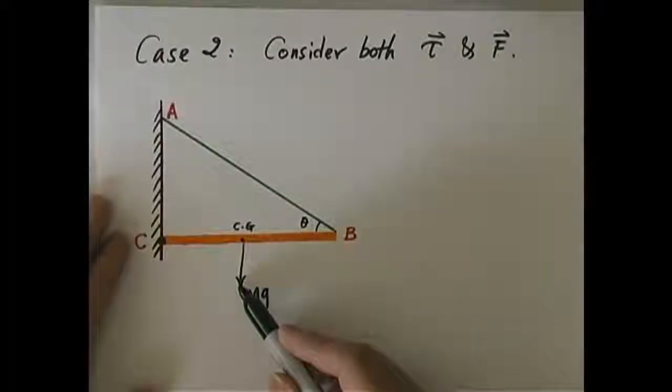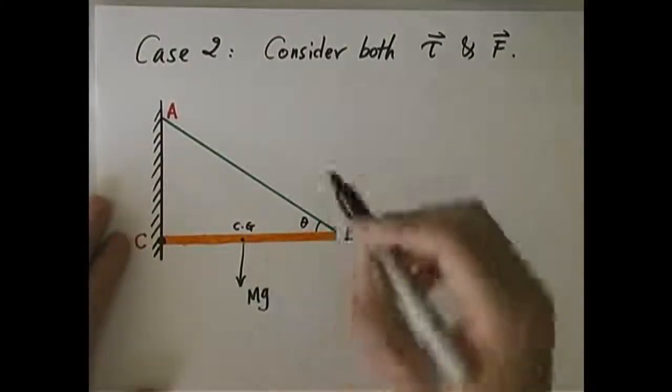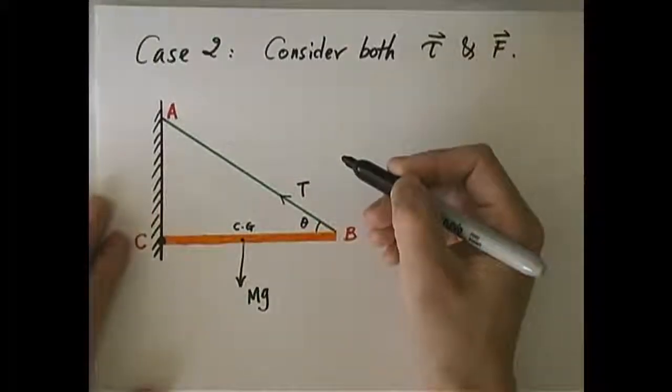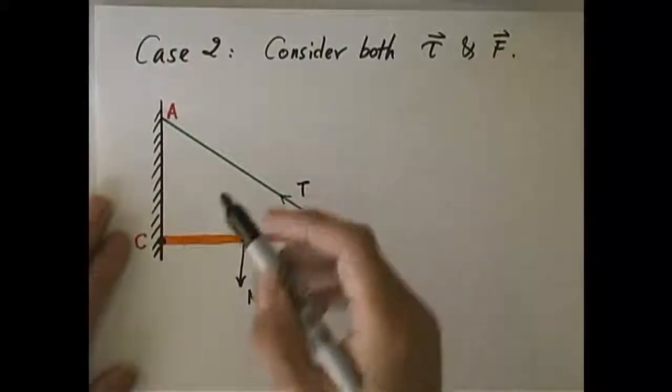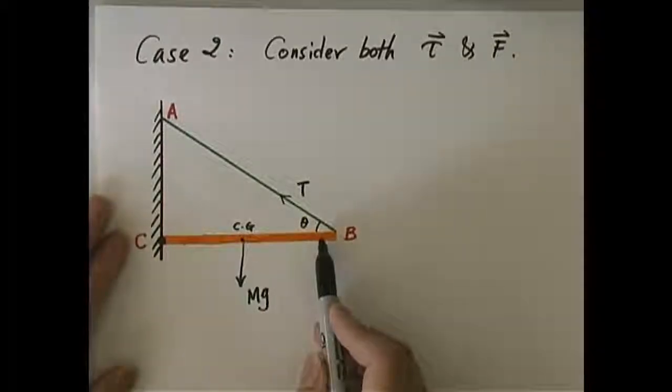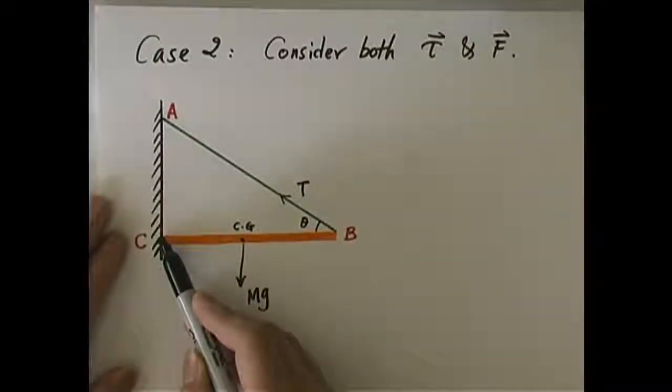If that is the case, I have a couple of questions. I want to know what is the tension in the cable. And I also want to know what is the force of support provided by the wall through the hinge on that bar. Please do not automatically make assumptions about the direction of this force at the hinge.